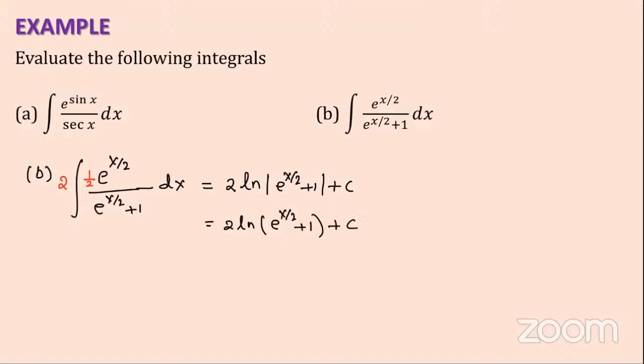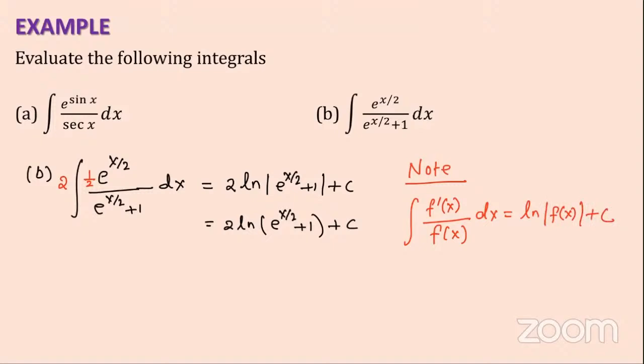So important note for you is this. Note that if you have an integration function and you have some function in the denominator, but its derivative is in the numerator, then this is equal to natural log of absolute value of denominator plus C. Very, very important formula or technique.